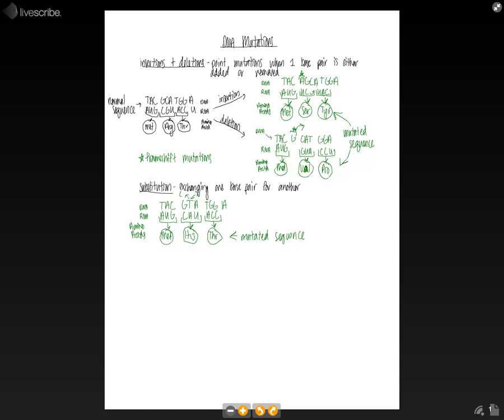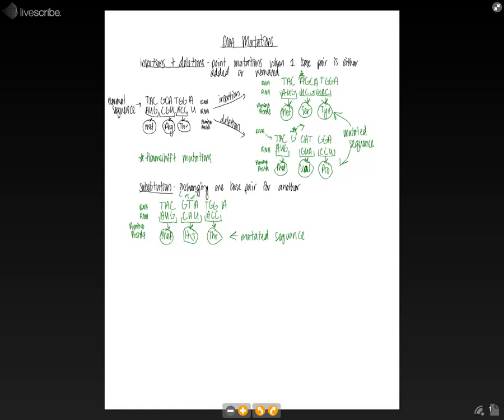Whereas a substitution mutation, since we're not shifting our reading frame because what we're removing we're replacing with something else, our reading frame remains the same, so only that specific codon will get switched and result in a different amino acid. The subsequent ones coming after the mutation will still remain the same as the normal sequence.